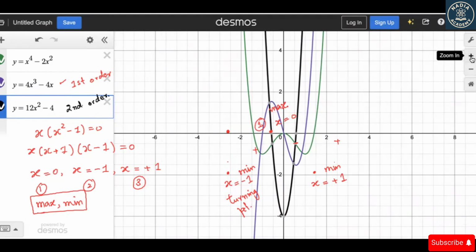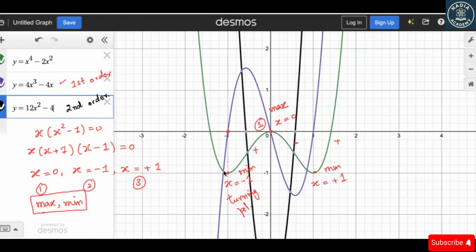Now what you can see is that if we look at this turning point, the second order derivative is negative. If we look at this turning point, our second order derivative is positive, and at the x equal to +1 turning point, our second order derivative is also positive.